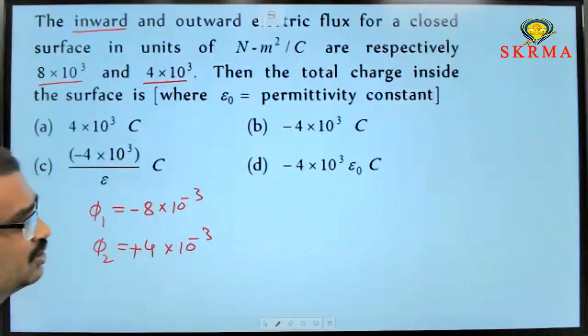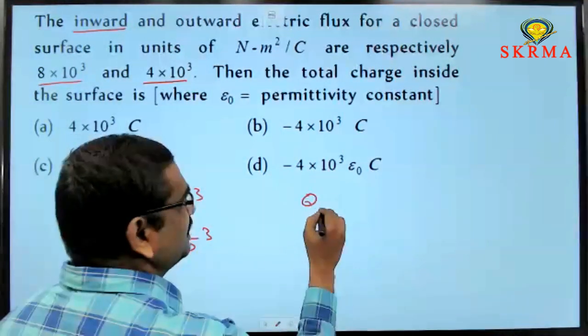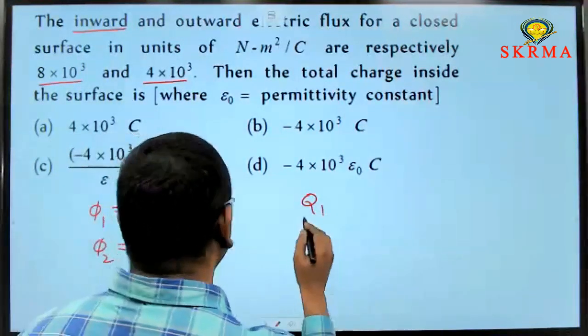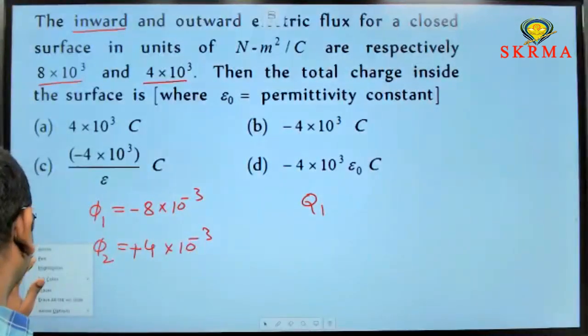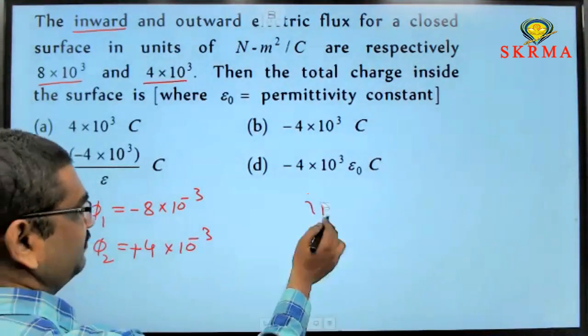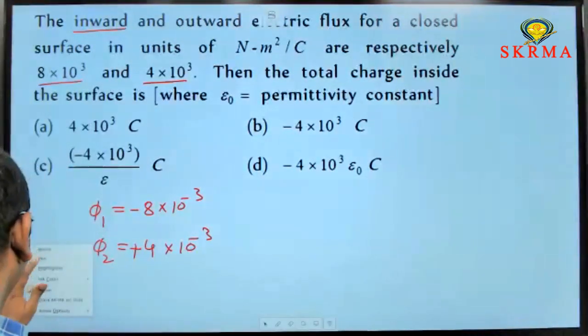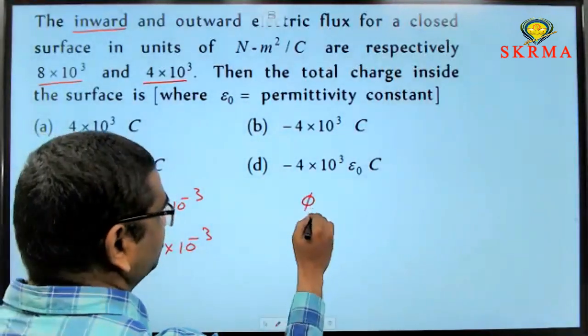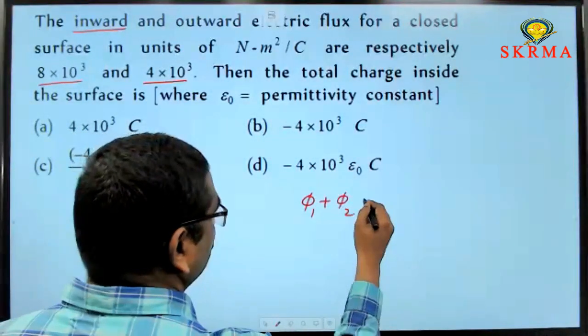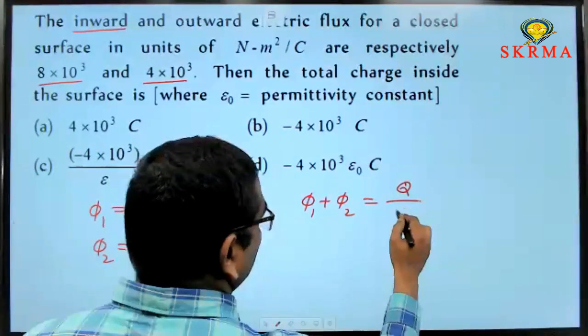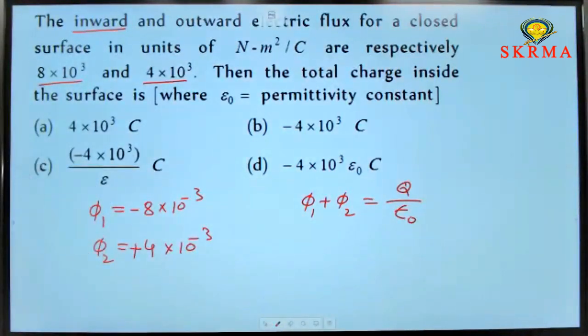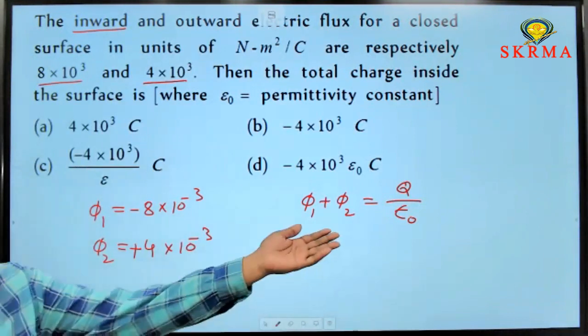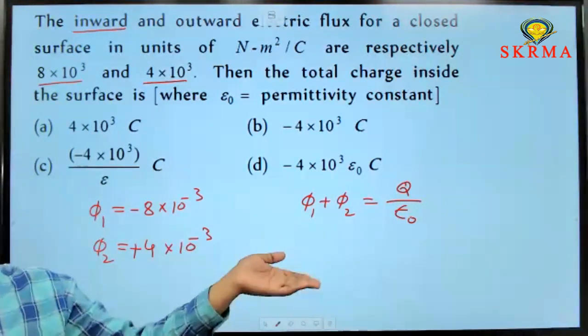Next, according to Gauss law, total flux is nothing but phi1 plus phi2. Because flux is a scalar quantity, we can add directly. So phi1 plus phi2 equals q by epsilon naught. We can elaborate like that also. So total flux phi equals the sum of the individual phi1 plus phi2.